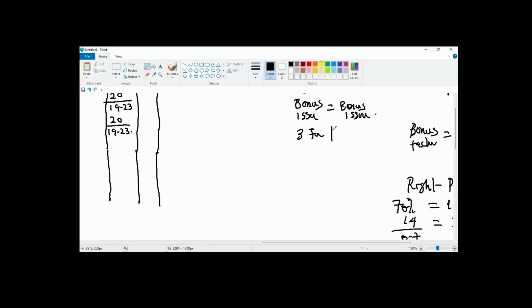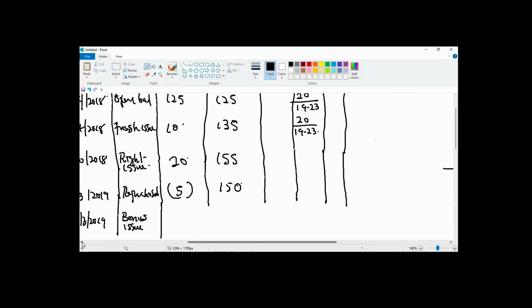But if the question says issue 1 share for every 3, then it is 1 for 3. Now, to get the number of shares for the bonus, you must count down. The bonus issued is 3/1 times what do we have? 150.